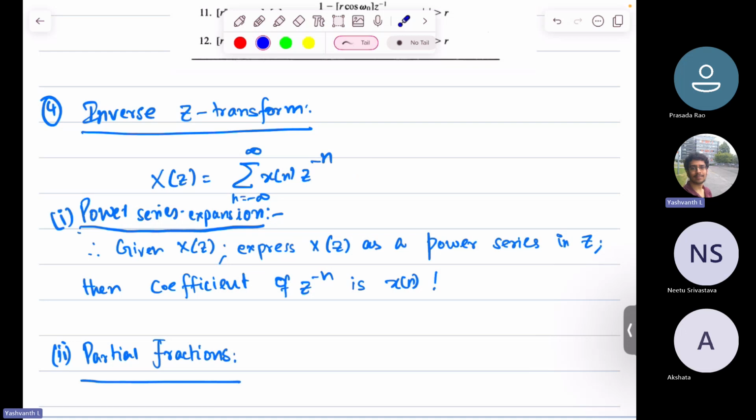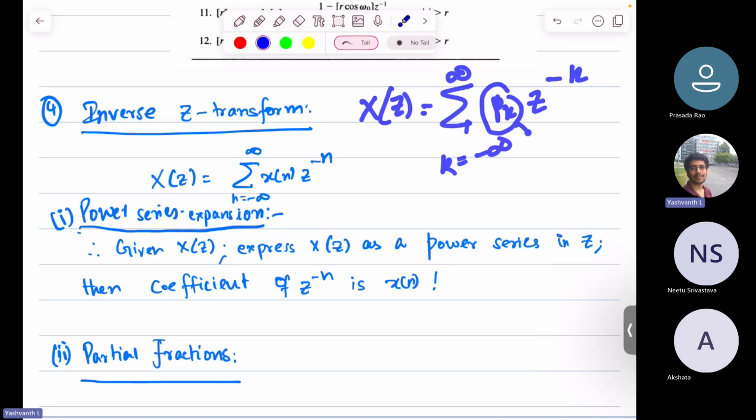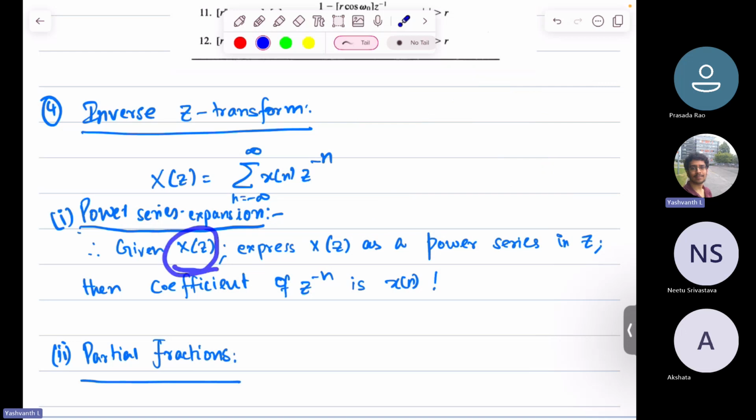That means, suppose I express x of z equal to summation pk into z power minus k, k equal to minus infinity to plus infinity, then this pk should necessarily be x of k, that is the time domain signal. So basically, if you are given x of z, express your z transform as a power series in z: z power 0, z power 1, z power 2, z power minus 1, z power minus 2, and so on.